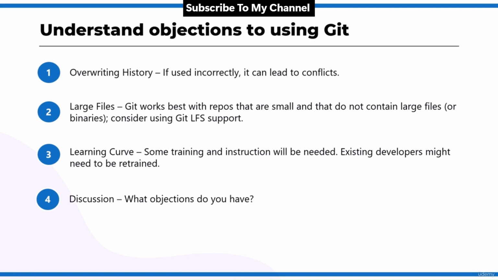The third issue, which is a complaint, is the learning curve when you use Git. Now, there is a learning curve, we don't deny that, but if you have never used source control before, you are probably going to be better off learning Git. I have found that users of centralized source control like TFVC or Subversion struggle initially to make the mental shift, especially around branches and synchronizing, because they are not familiar with that kind of concept.